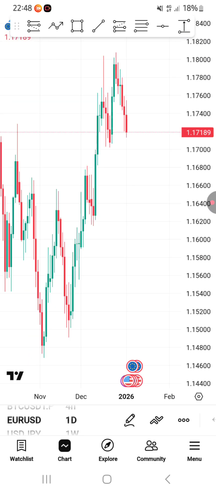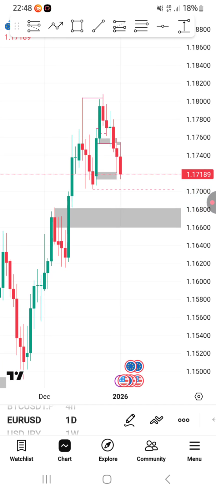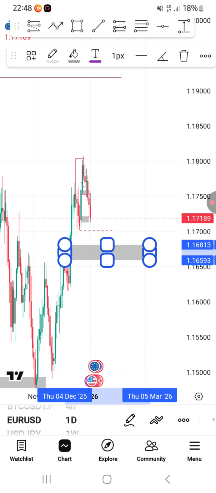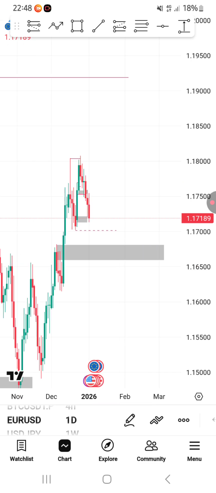Okay, for Euro USD daily, I'm bullish on EU too, though I would expect market to come to this zone that I've marked here, this one here, before I would buy. But for now, I think I'll keep selling EU, right?